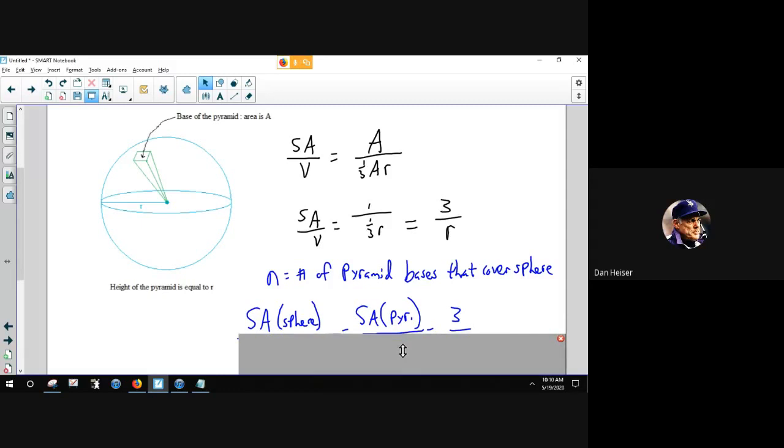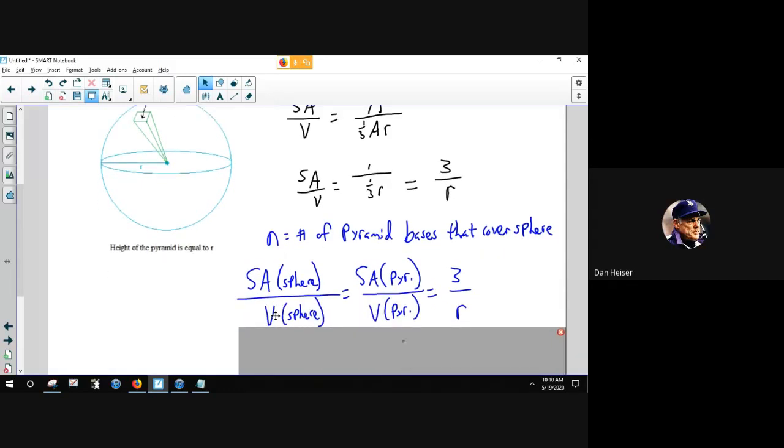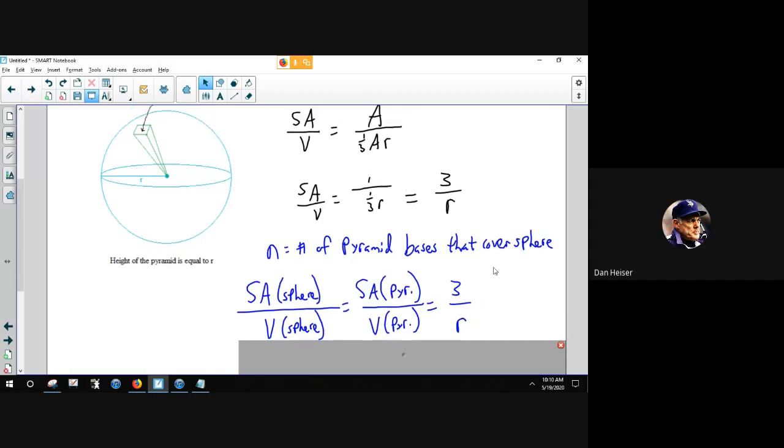That means the surface area of the sphere to the sphere's volume is the same as that pyramid ratio, which is the same as 3 over R. Because the surface area of the pyramids also covers the surface of the sphere, those are equal.